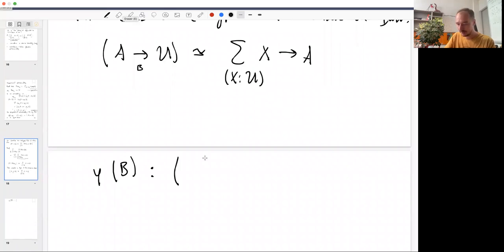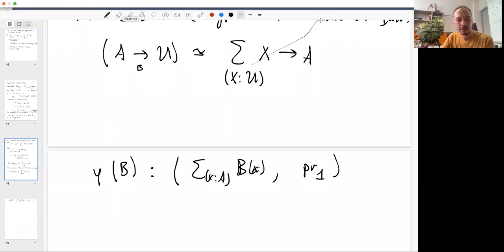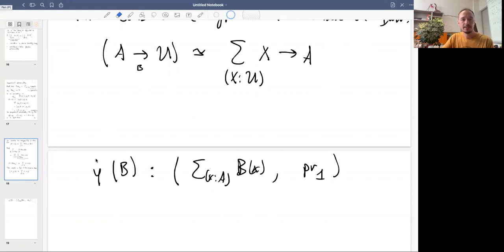So here we have to define a pair, sigma x in A, B of x. And then the map from sigma into A, this can really only be one thing. It's going to be projection. Let me call this thing psi, because my notes say that it's called psi, and I will confuse myself.